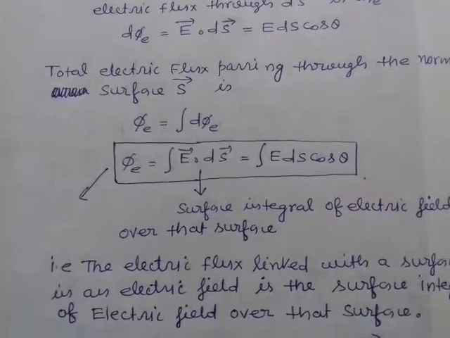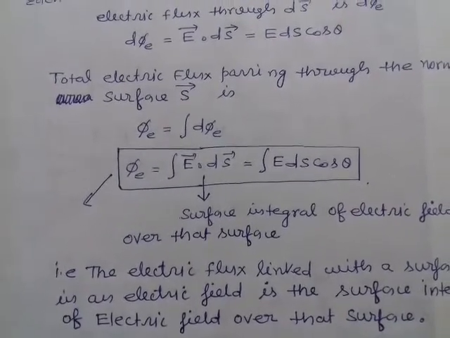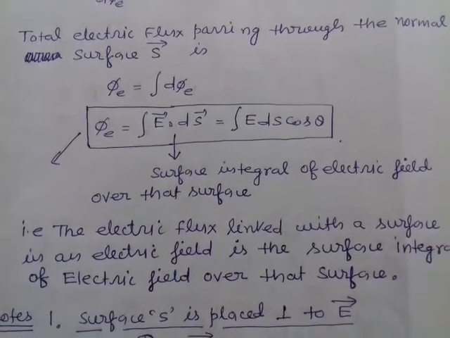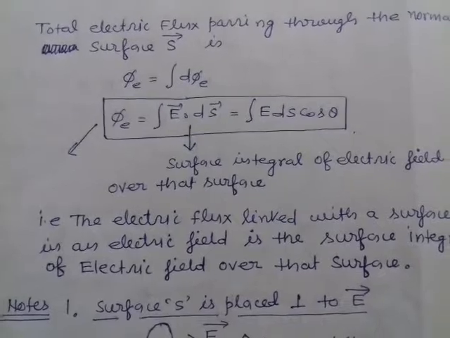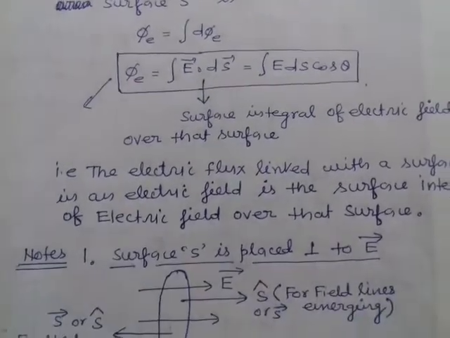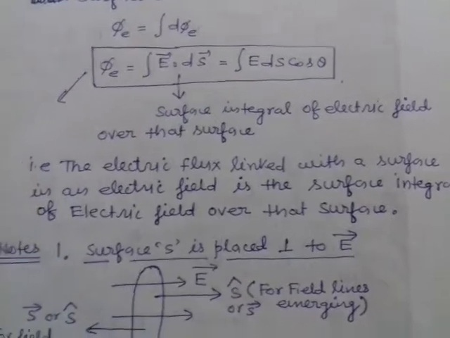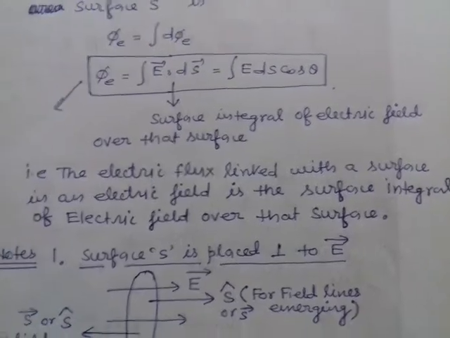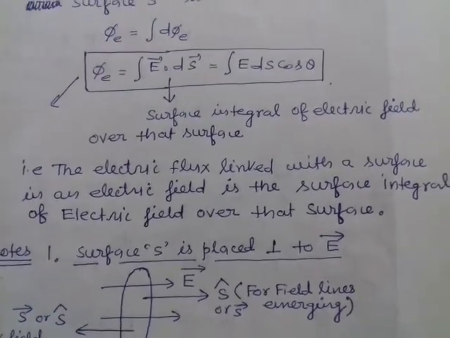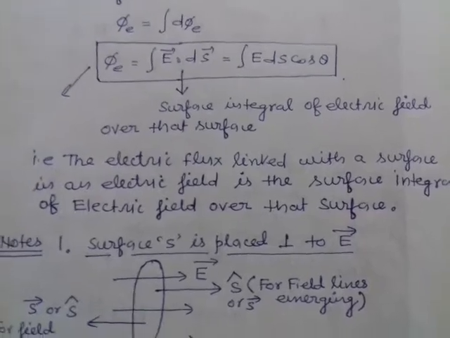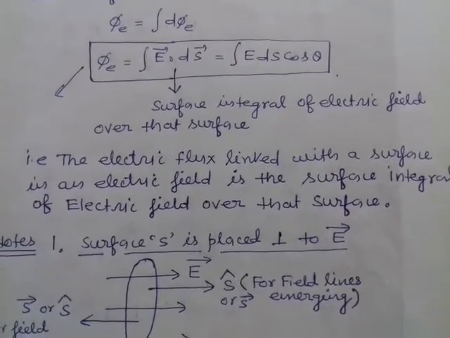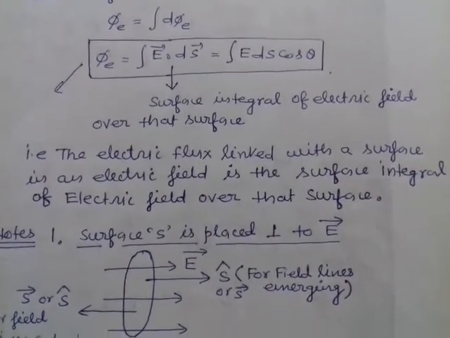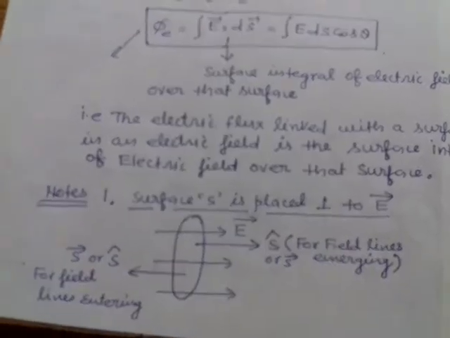Integral E dot dS is known as surface integral of electric field over that surface. It means electric flux linked with a surface in an electric field is the surface integral of electric field over that surface. Now we will see some important points.